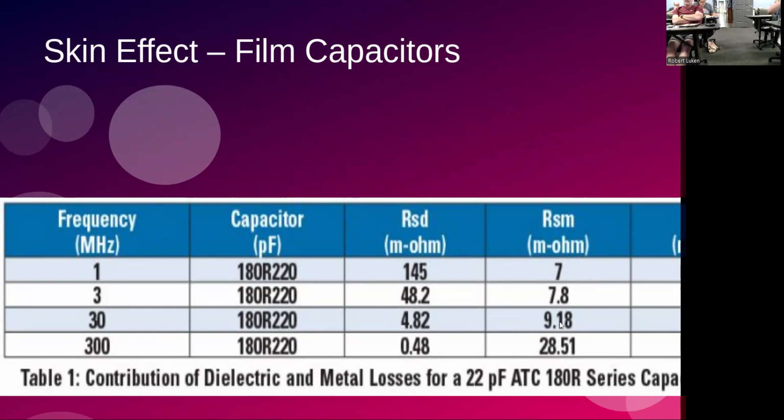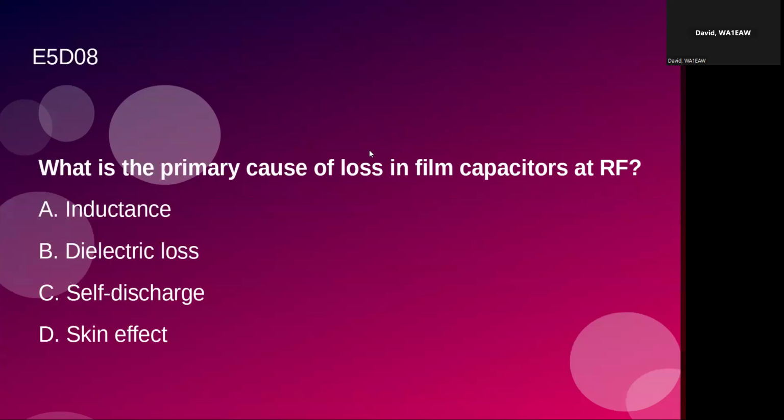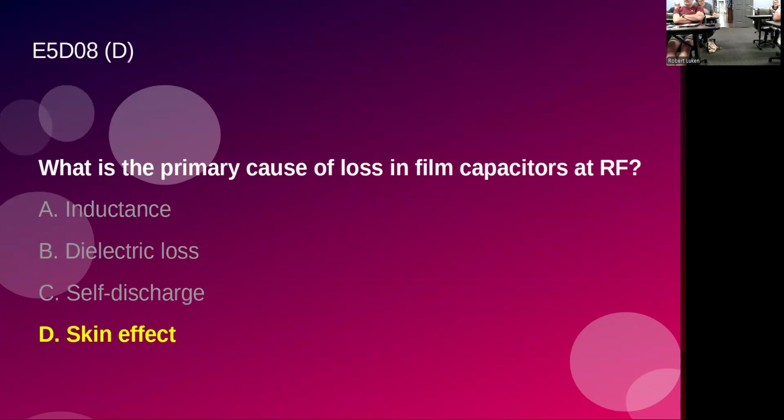This is a chart I found showing at different frequencies what the effective resistance is in those. It's a 22 picofarad film capacitor, fairly standard type. So what is the primary cause of loss in film capacitors at RF? Skin effect.